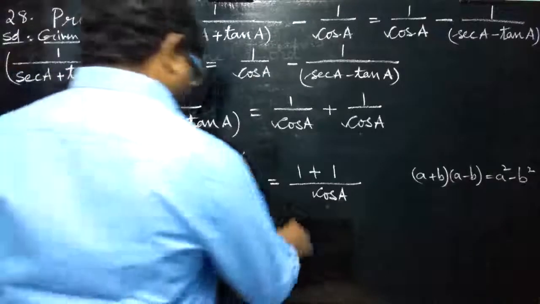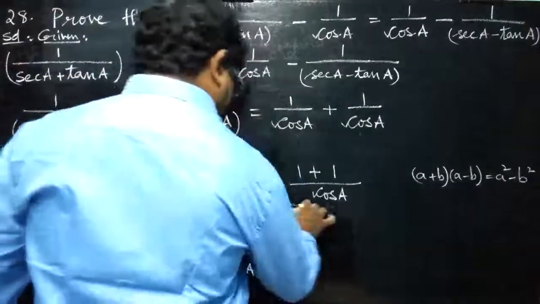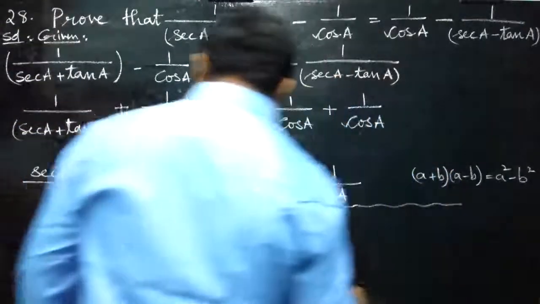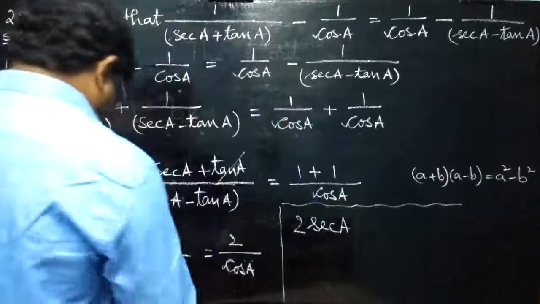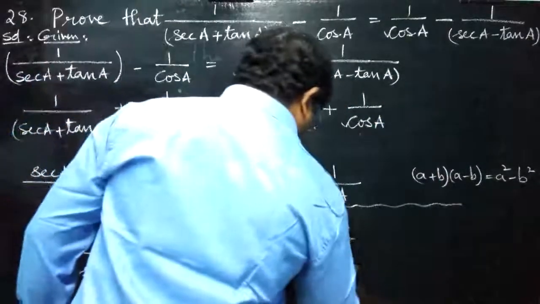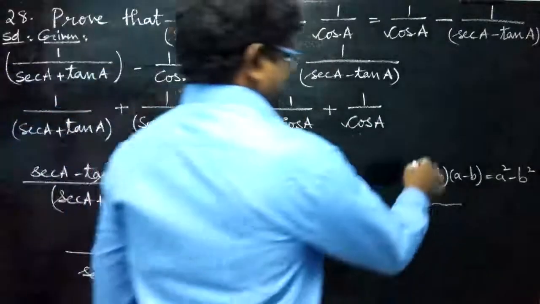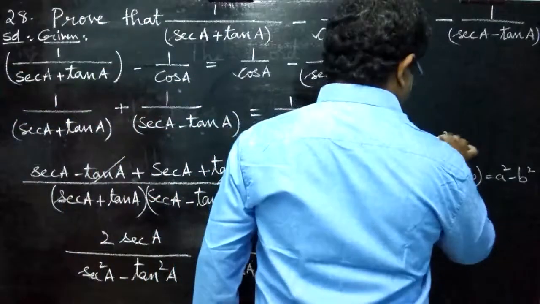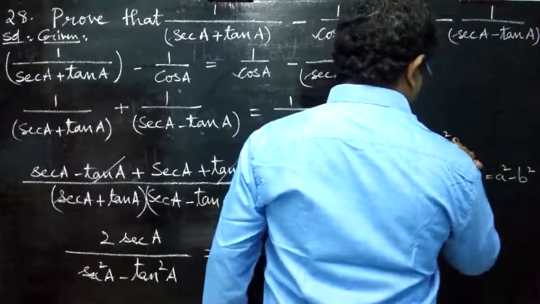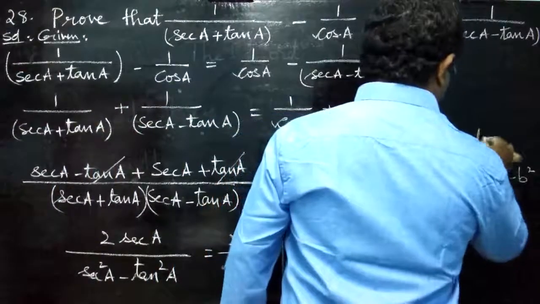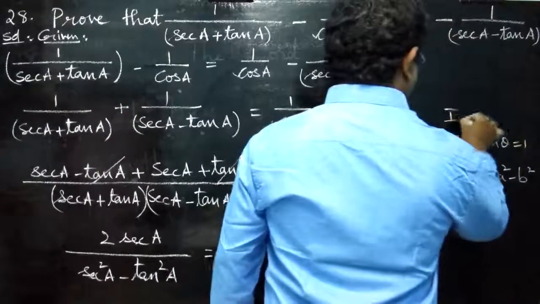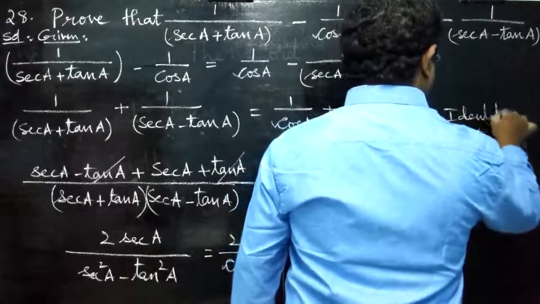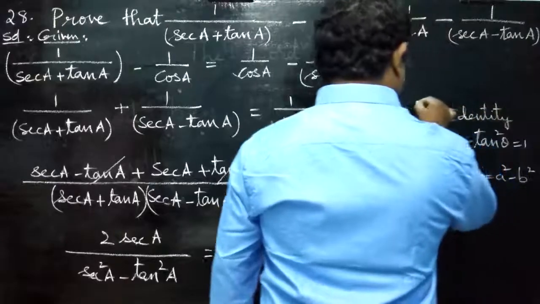So write that: 2 secant A by 1. How did we get the identity? Secant square theta minus tan square theta is equal to 1. You have to mention the identity compulsorily. We are using this identity.